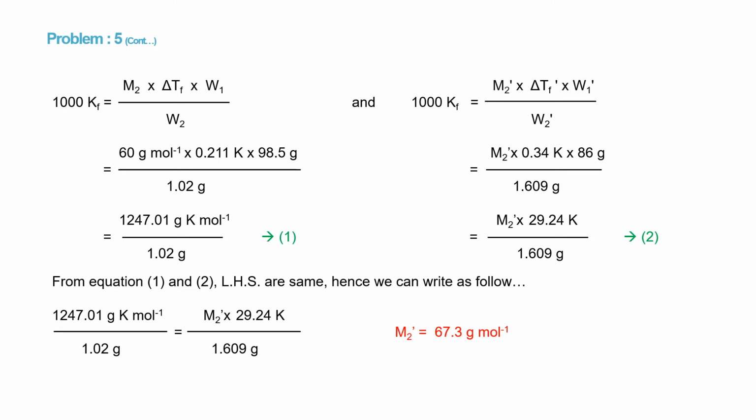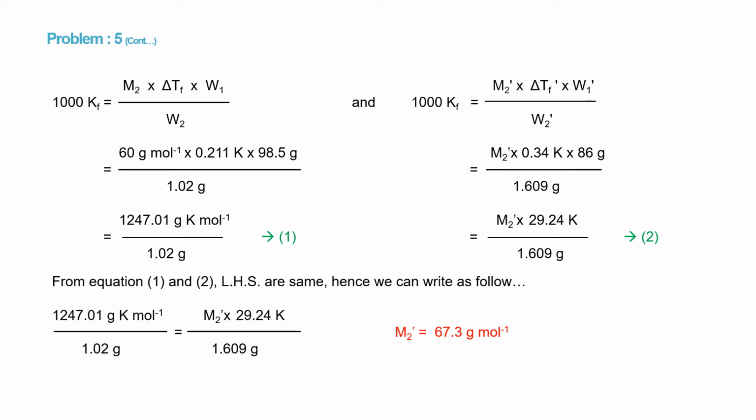Now 1000 Kf is the same for both, which means the solvent is the same, only the solute is different, so Kf is the same. Now we apply it to the unknown solute, that is 1000 Kf is equal to M2 dash into delta Tf dash into W1 dash upon W2 dash. In this case you don't know M2, you have to find M2 dash. So M2 dash into 0.34 into 86 upon 1.609.